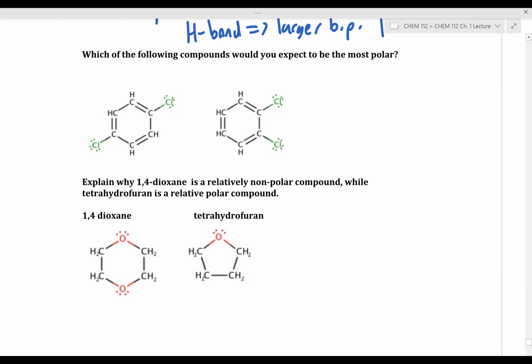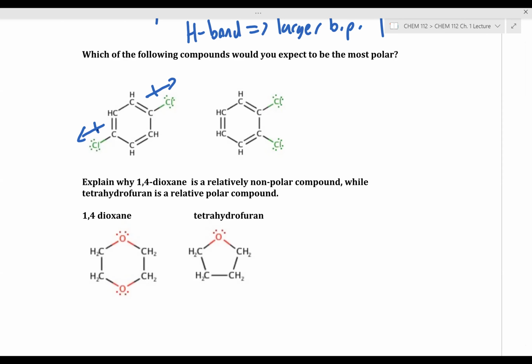So I saw a lot of reasonable responses, but can I get a show of hands? Who thinks the structure on the left is more polar? Oh, perfect. Structure on the right? Everyone. Good, good. So if we draw out our bond dipoles, thankfully this molecule is flat. As we notice, our bond dipoles point in the exact opposite direction. So is this dichlorobenzene derivative very polar?